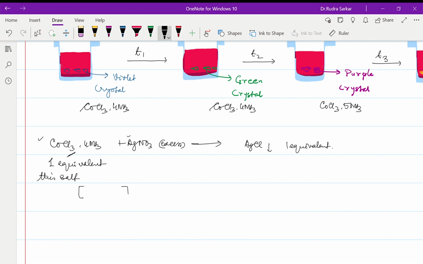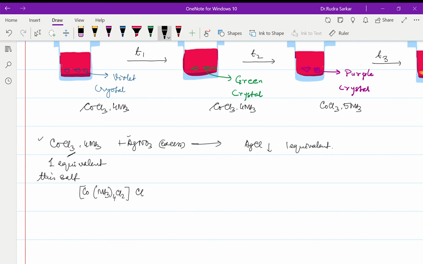That means outside the third bracket there is 1 chloride, and the other 2 chlorides are linked to the cobalt and they are not free.